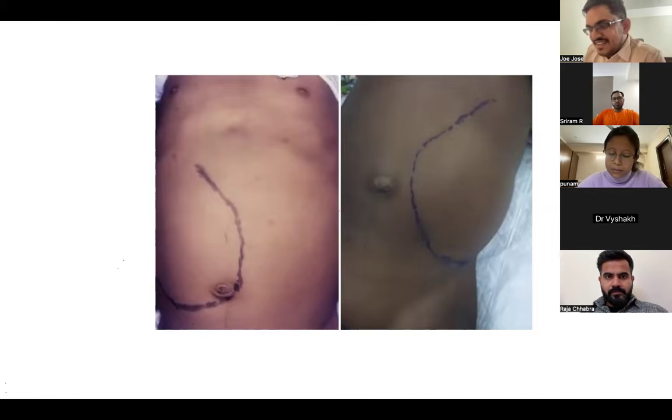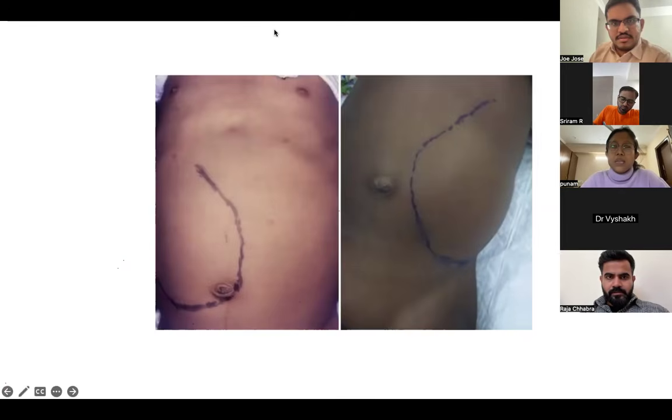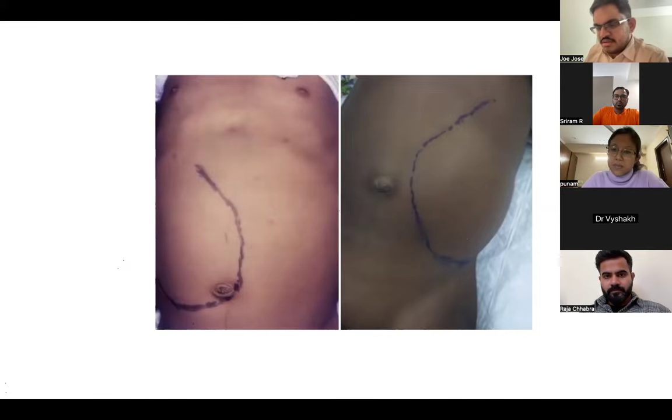Okay. Then boss, we can differentiate them by imaging features. In neuroblastoma, the mass will be irregular with calcifications, the margin will be irregular, and it can cross the midline. Whereas Wilms tumor doesn't cross the midline, it is very smooth, and there are no calcifications over the mass.